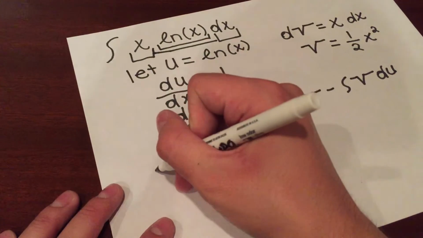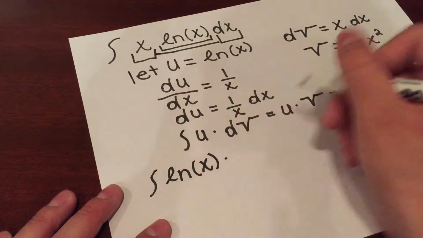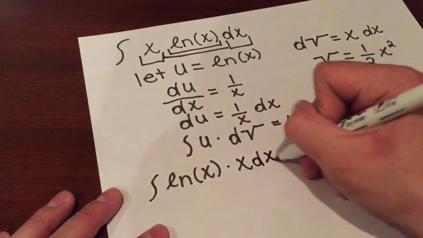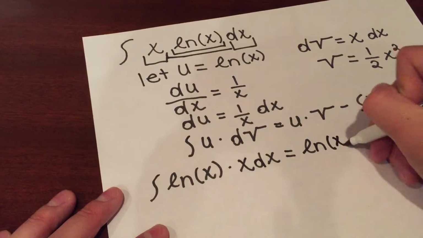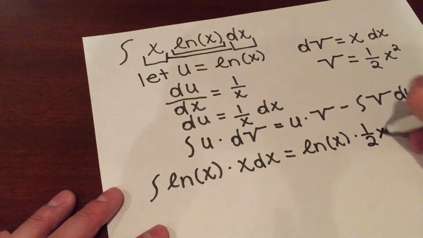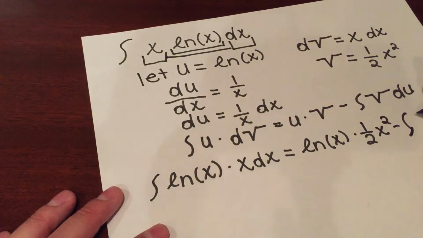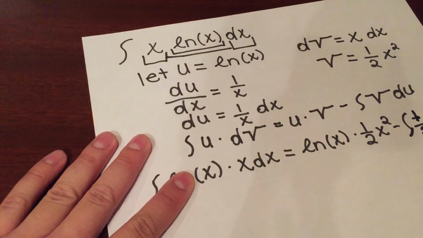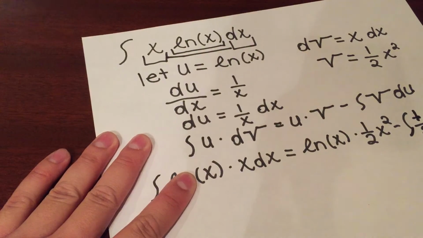So as we substitute, we're saying that ln of x times dv, which we said was x dx, is equal to ln of x, because we have it right there, times v, which we said was 1/2 x squared, minus the integral of v, which we said was 1/2 x squared, times 1 over x dx.